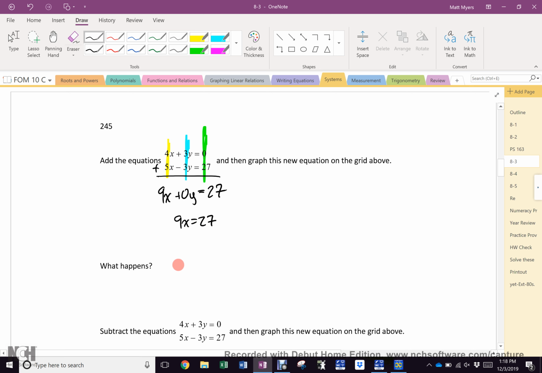Now, before we go back to the graph, let's answer this question. What just happened to this mess? We collected some like terms, but something happened. Y disappeared, didn't it? The y value disappeared.